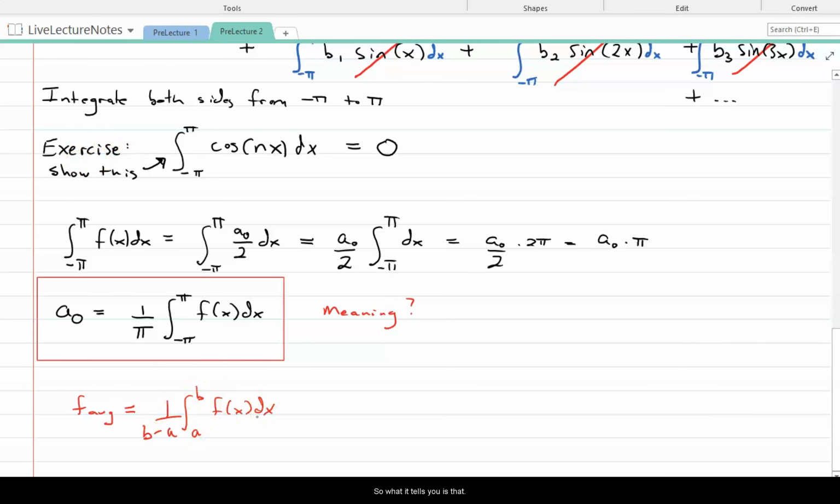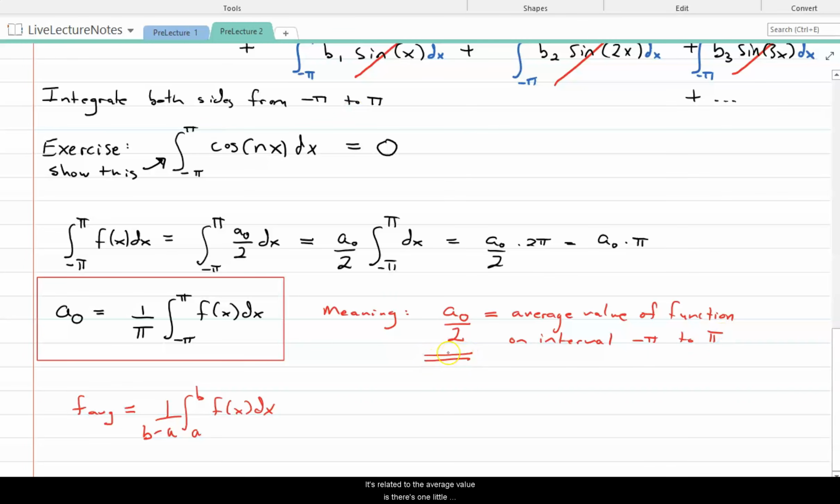So what it tells you is that a0 over 2 is equal to the average value of the function on the interval minus pi to pi. Okay, so that's the meaning of this coefficient a0. It's related to the average value.